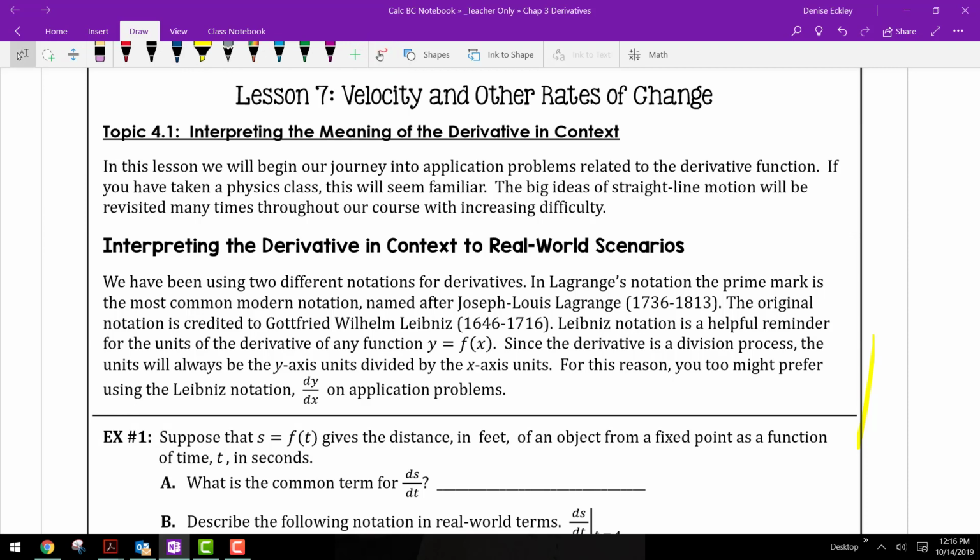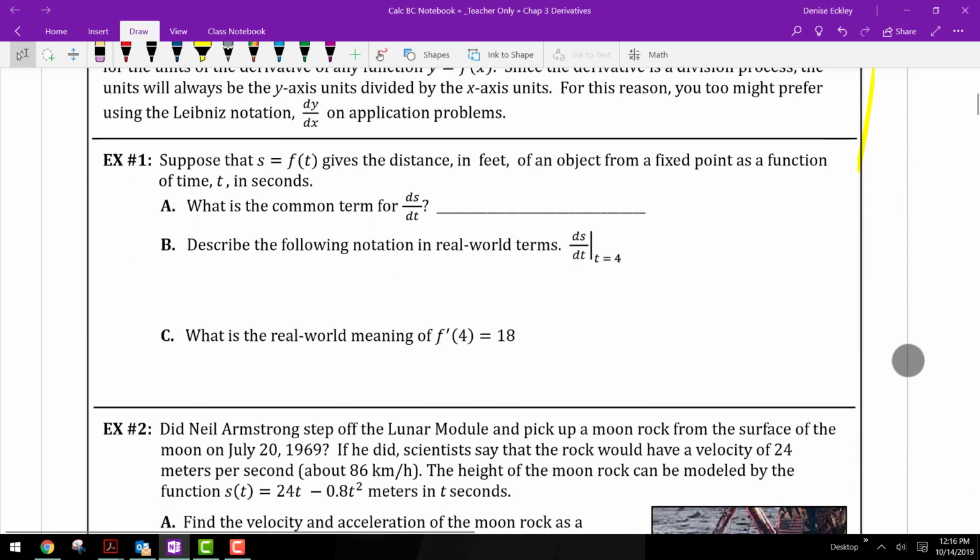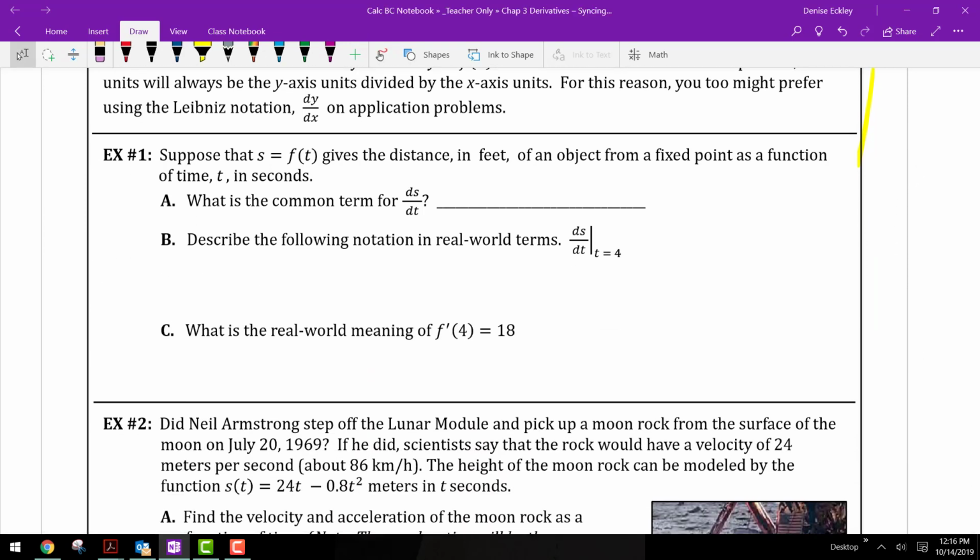Okay, so example 1 says, suppose that s equals f of t gives the distance in feet of an object from a fixed point as a function of time in seconds. So what is the common term for ds dt? Well, that would be our velocity, our change in position over time.